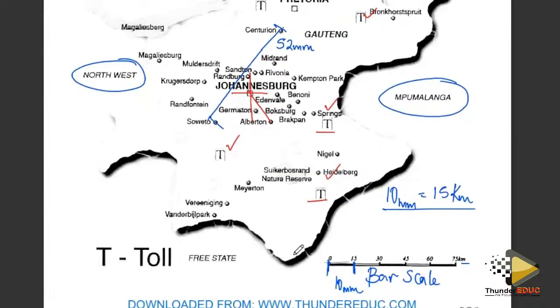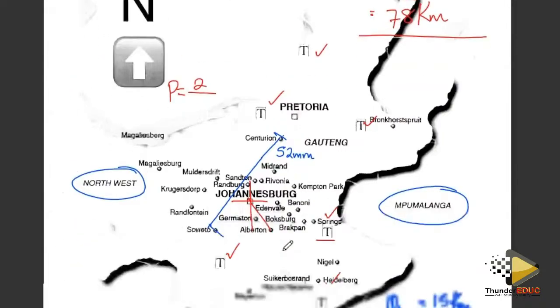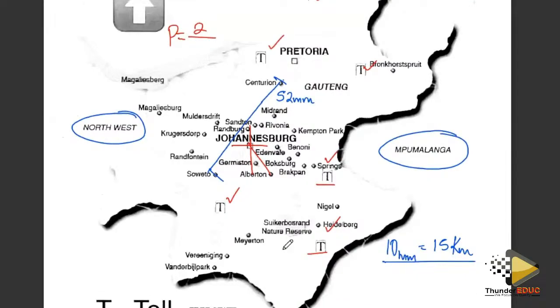There are 6 toll gates all in all. So divide by 6. But they want it as a percentage, so multiply by 100. So it's 2 divided by 6 times 100, which is 33.33. Don't forget the percentage.